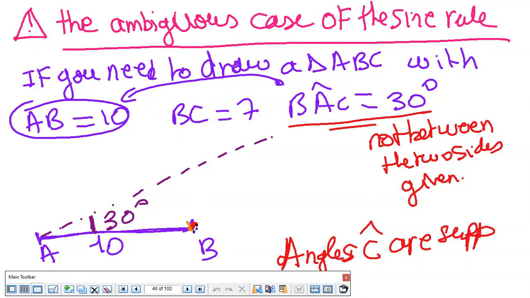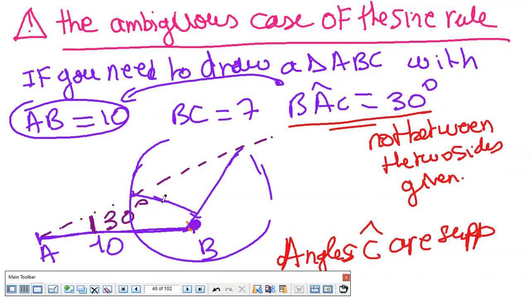And to be able to draw and place the point, you need to open your compass to 7 centimeters. You place the compass here and you need to draw a circle of radius 7. When we draw the circle, for example, of radius 7, I'm not accurate here, the circle will cut the side in 2 points. So C could be here, or here.